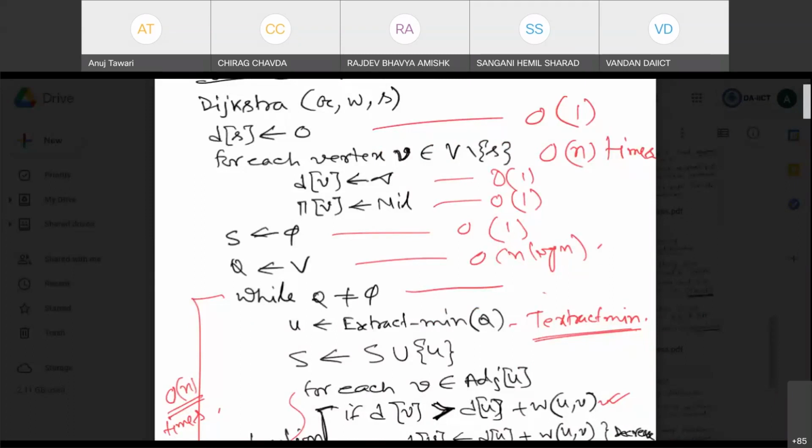Code-based questions or theory-based? It could be a mixture of both.